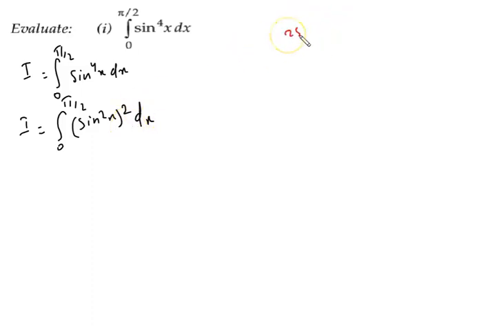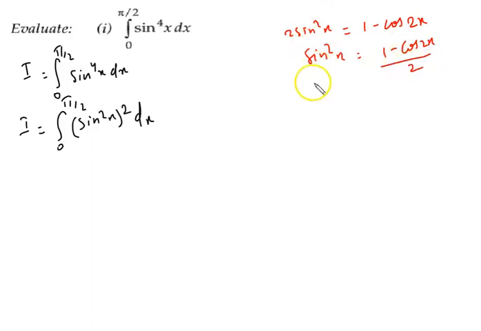We know that 2 sin square x equal to 1 minus cos 2x. So we can write sin square x equal to (1 minus cos 2x) by 2. We can apply this formula here.